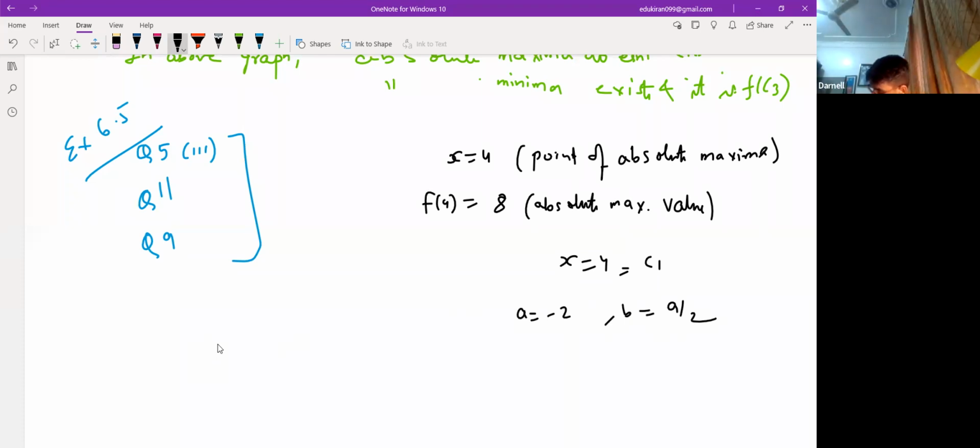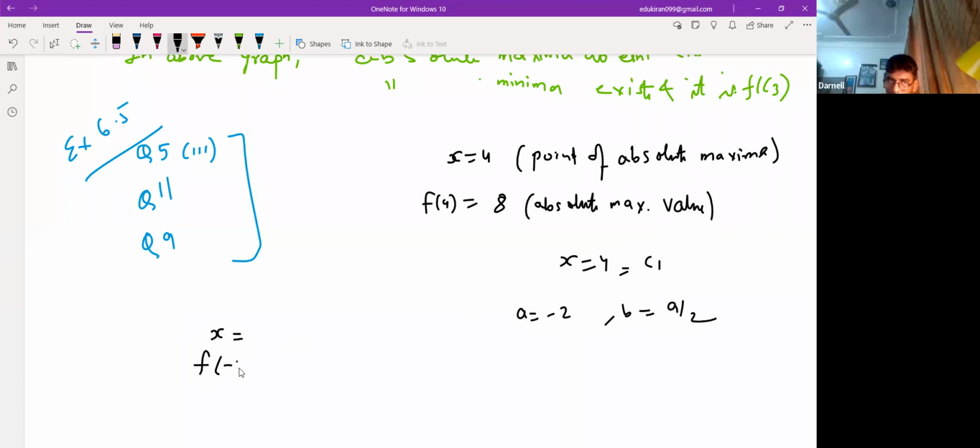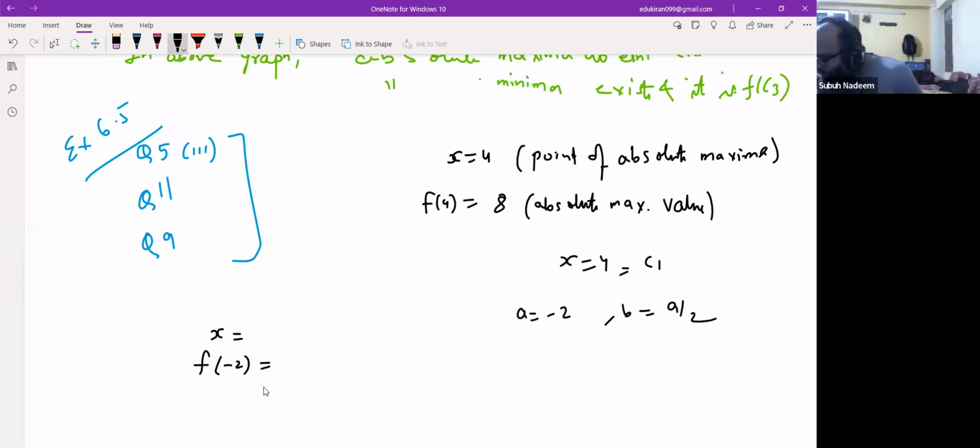So minimum is -10. At what point? -2. Okay, so that would be -8 and -2, -10. Okay.